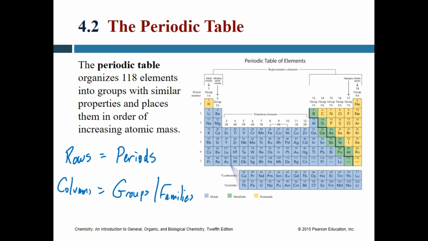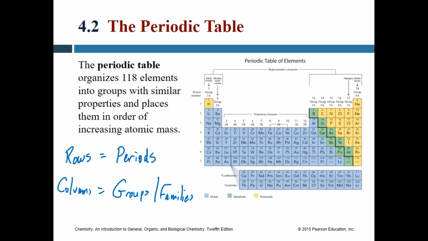So how did we end up with this arrangement? Well, this arrangement is what allowed those elements that have similar chemical properties to be together in the same column. It gets down to more complicated matters than that. We have to begin talking about electrons and electron arrangements to really get a full understanding.